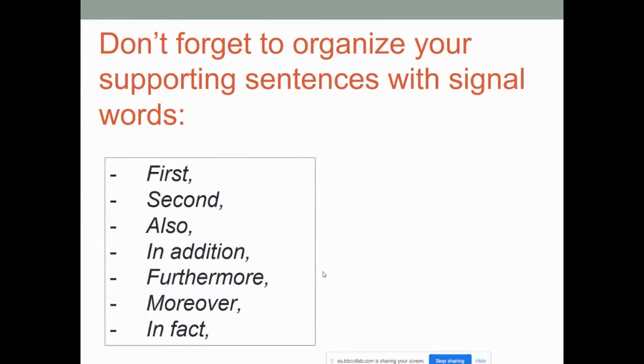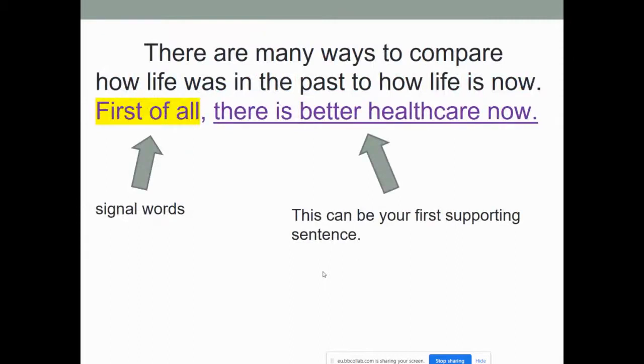I hope things are going well. Okay. Now, for example, look at what I did for you. There are many ways to compare how life was in the past to how life is now. So this is our topic sentence. Now I used a signal word. First of all, there is better healthcare now. Now look at the word healthcare.